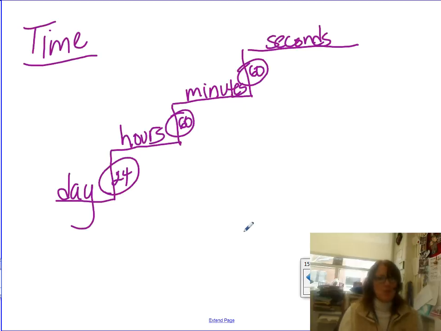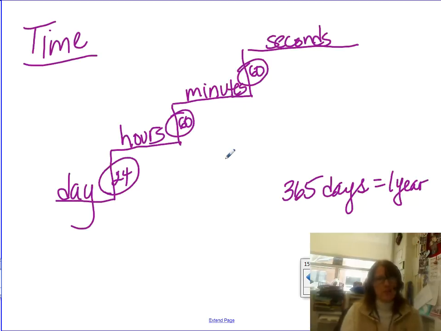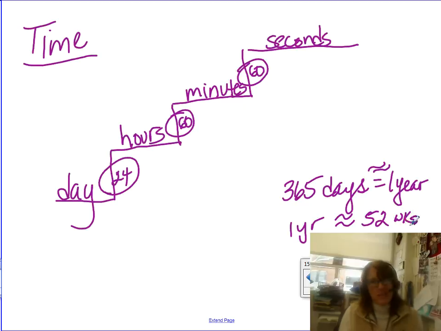But February has 28, except in leap years, because we have to add an extra day to account for the fact that really a year is 365 days, but there's always a little bit more. And so every 4 years, we got to add a day to kind of even that out. So even this isn't really exact, but it's pretty close. Same thing with 1 year is about 52 weeks. It's actually like 52 weeks and a day, so it doesn't quite work out. But these ones are pretty standard right here for time.